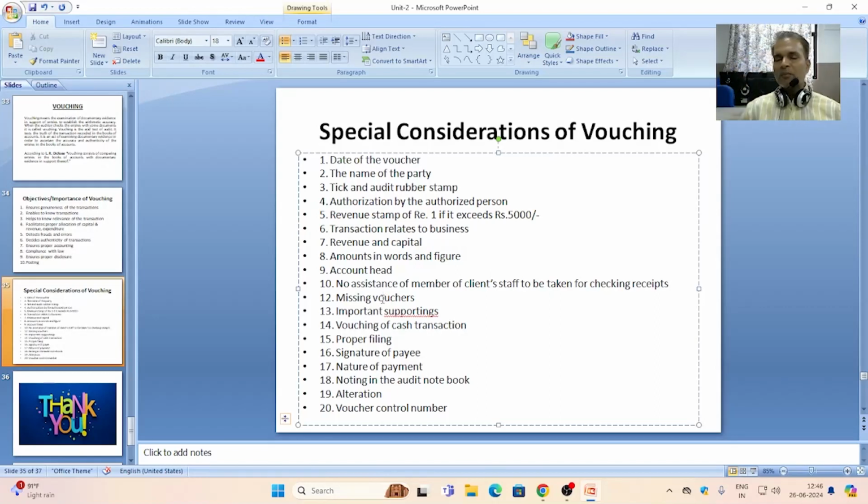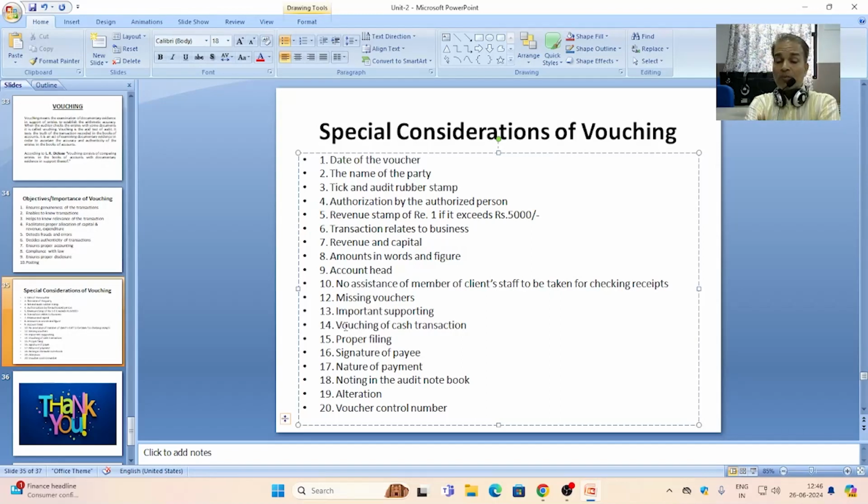To find out a missing voucher, the auditor is expected to always check the voucher number or voucher control number, by which he can identify whether all vouchers are there or any voucher is missed. Important supportings: the auditor has to ensure that all vouchers are supported by important documents or important evidence.